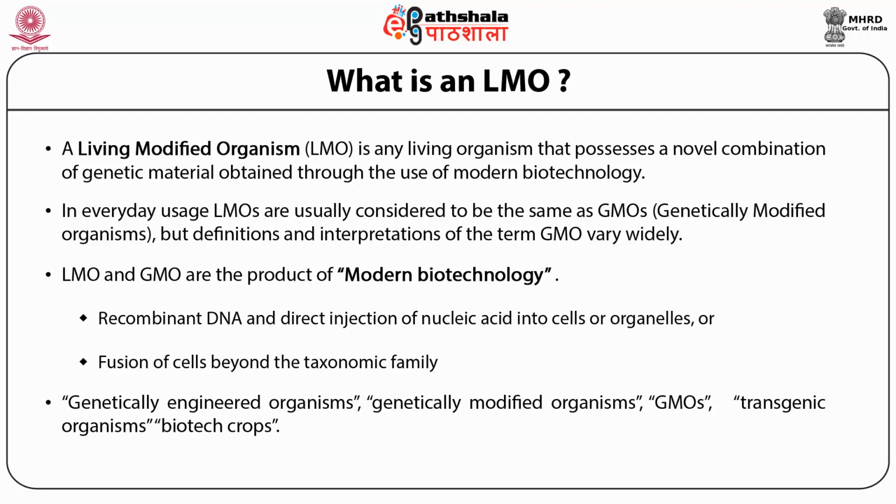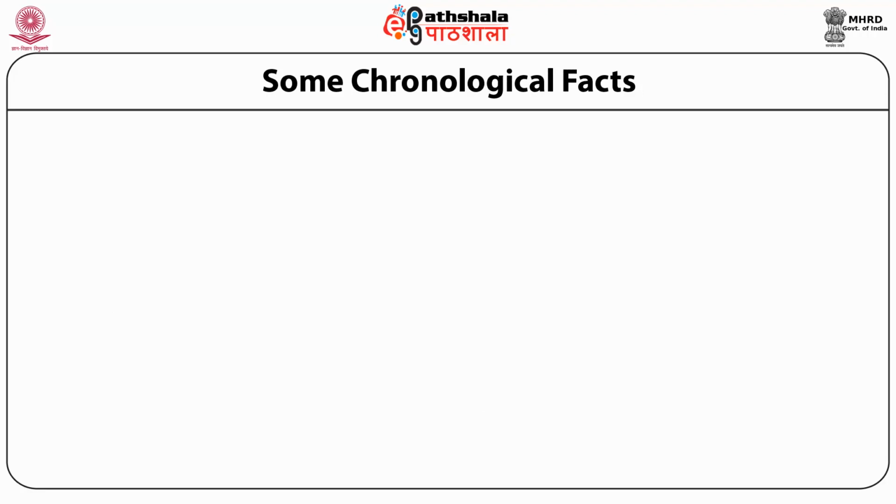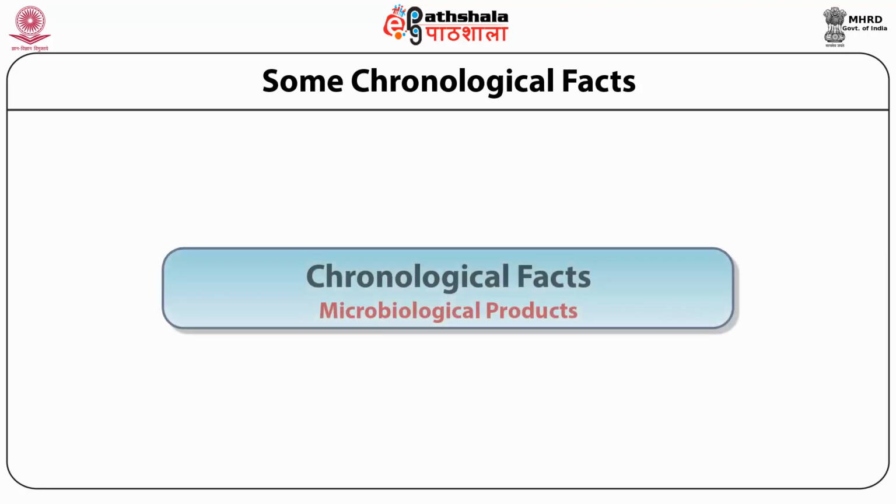Let us have a look at some of the chronological facts involved in the application of microbiological products for genetic experiments, recombinant DNA, and then its use for the betterment of society.